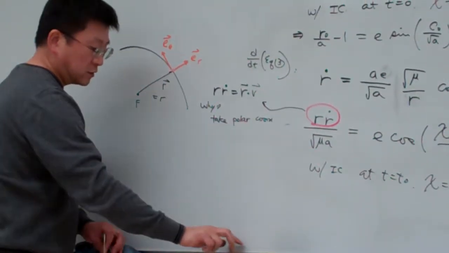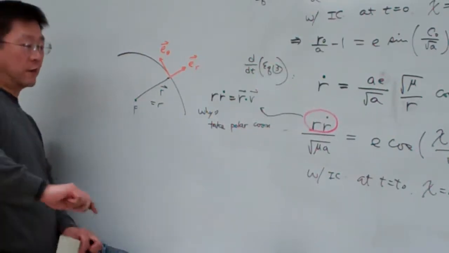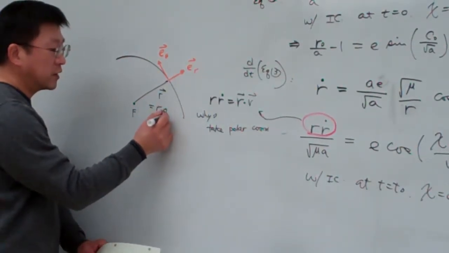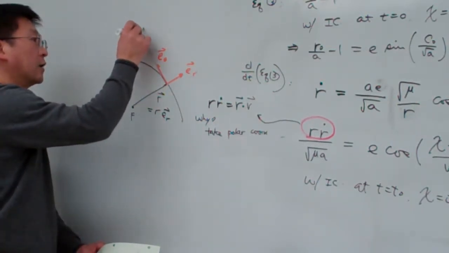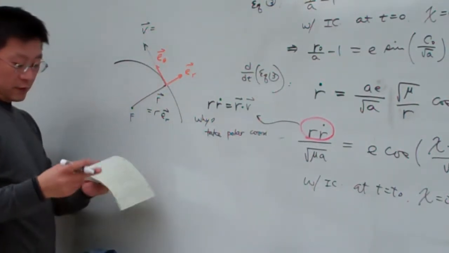In polar systems we use two unit vectors. So R can be expressed as ER, and this is our velocity here.